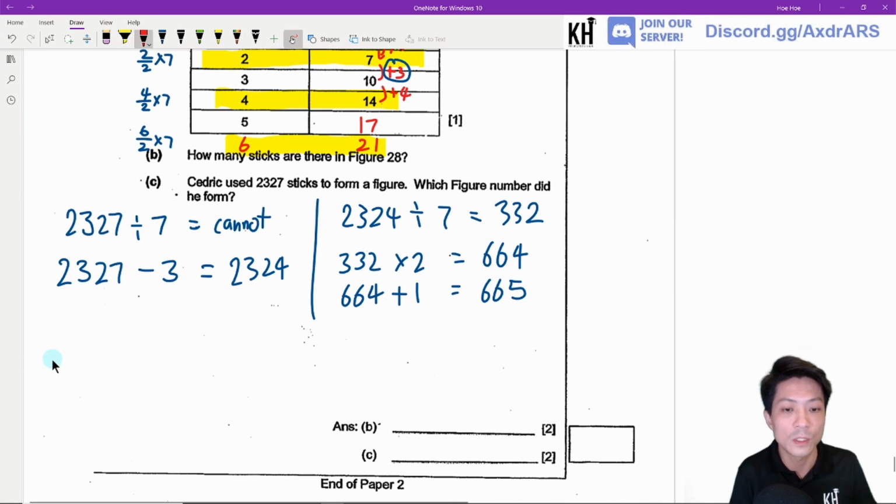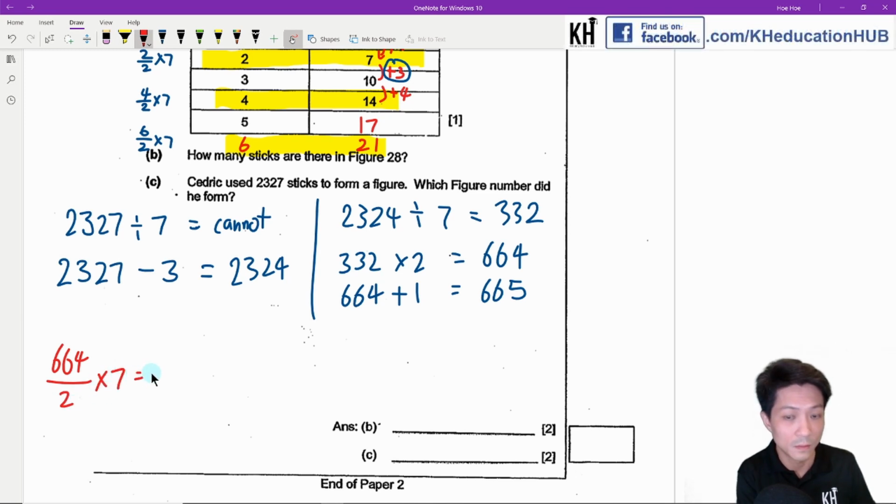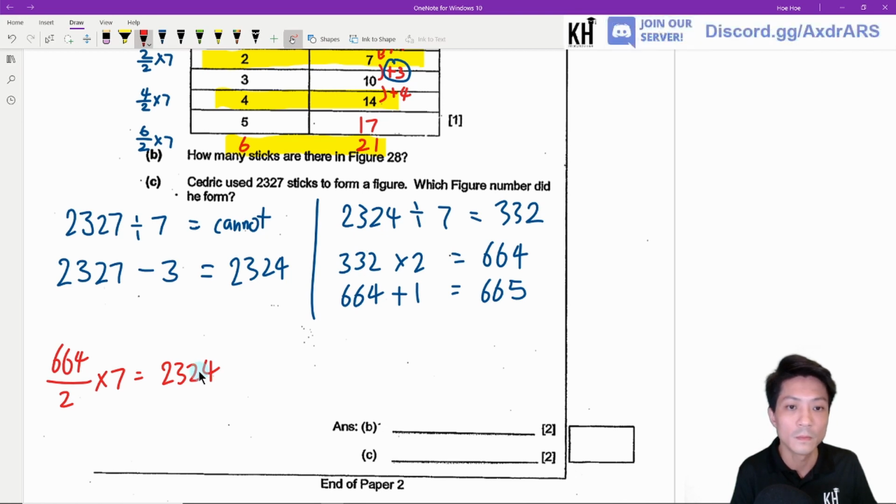Okay, let me just do a check. So if I use 664 divided by 2 times 7, it is 2,324. The next one would be a plus 3, right? Because it's always a plus 3.